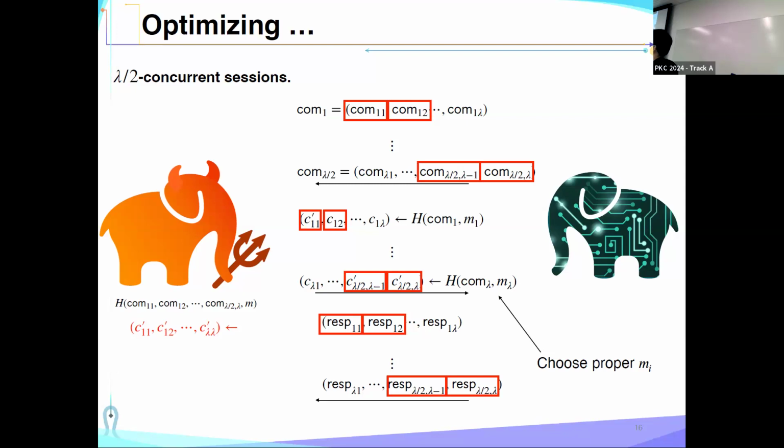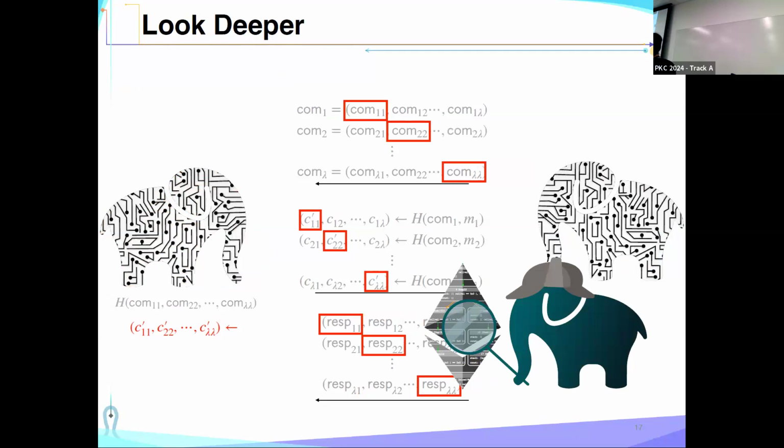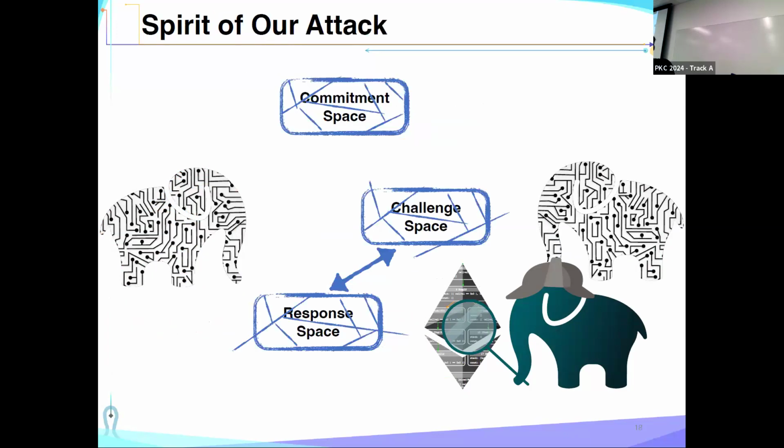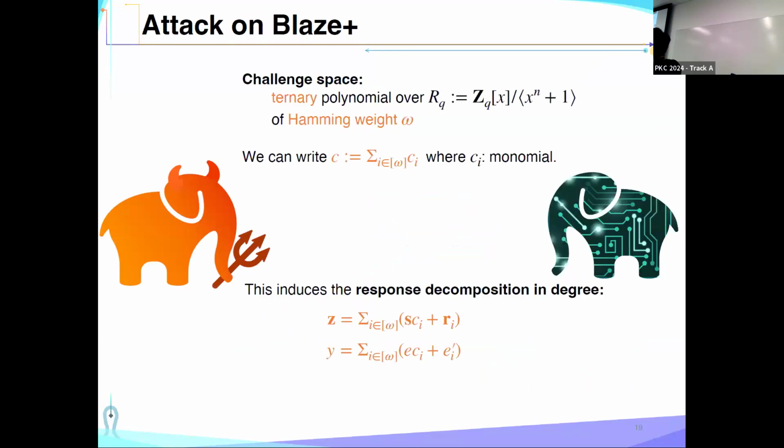But does our attack only apply when you are using parallel repetition or a small challenge space? If we look deeper, we can notice that what we are doing is partitioning the challenge space and also partitioning the response space, and then we aggregate the responses later. Then we can forge the signature as long as the challenge space is small, and you can always add a trade-off: you use more hash queries to get the desired pattern, and then you can forge the signature.